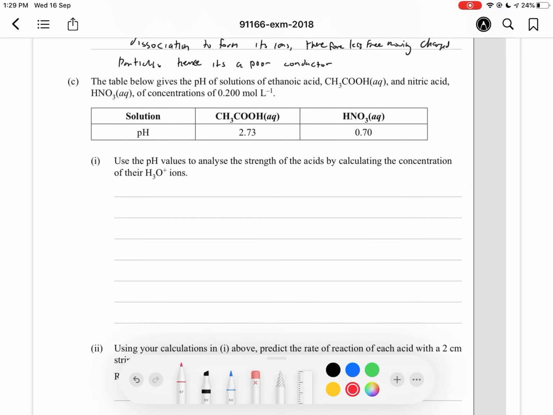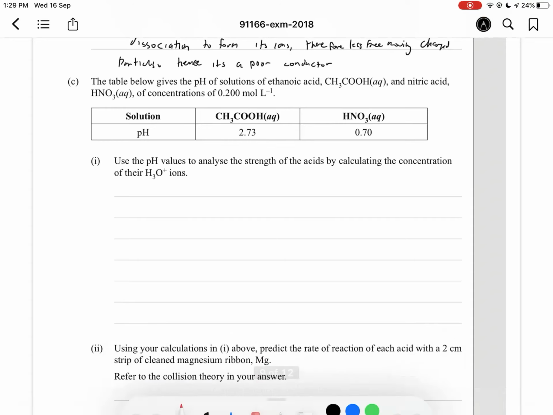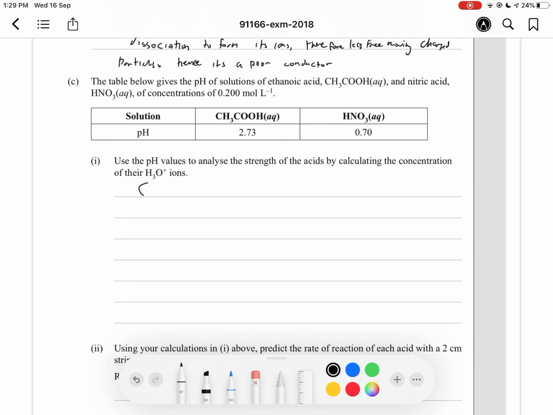Alright, so for question C, the table below gives the pH of solutions of ethanoic acid and nitric acid of concentration 0.200 moles per liter. Use the pH values to analyze the strength of the acids by calculating the concentration of their hydronium ions. So we know that the concentration of hydronium is equal to 10 to the power of negative pH.